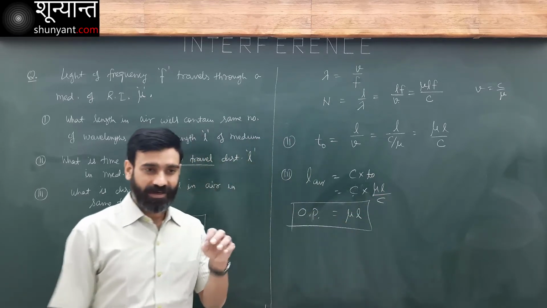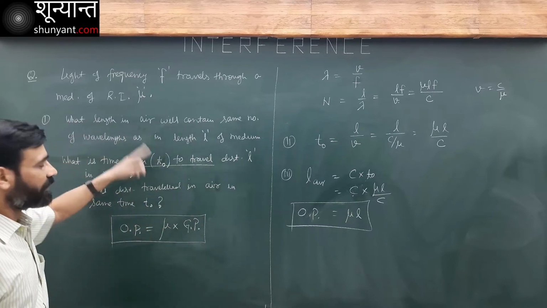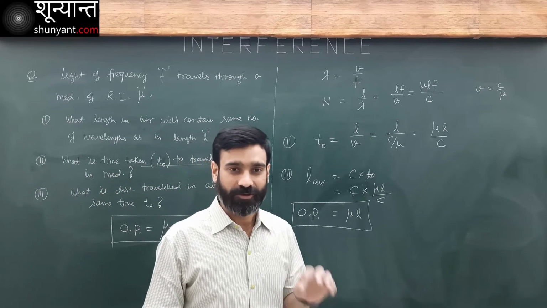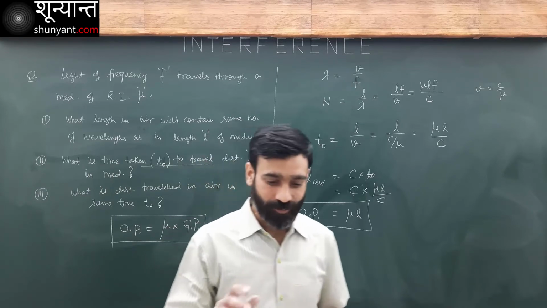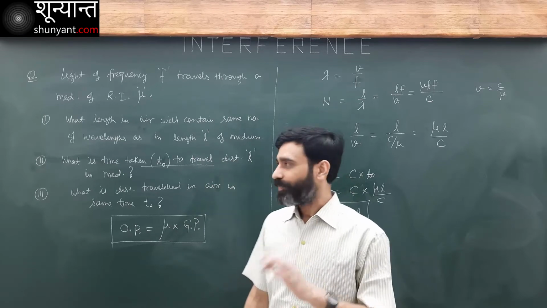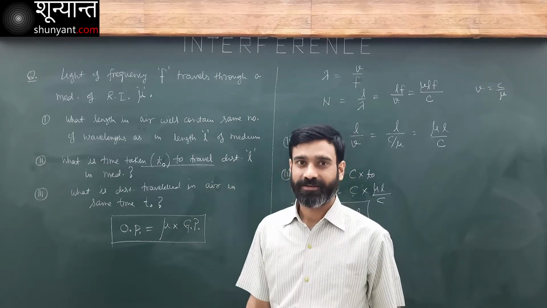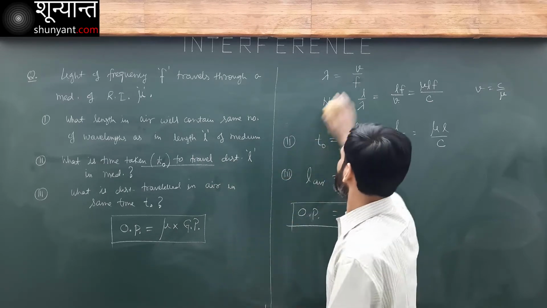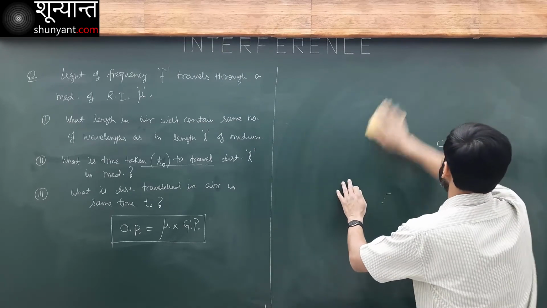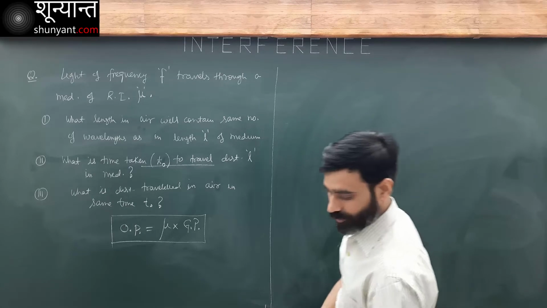So we understand optical path in two different ways, and both are equivalent. Now why are we doing this? What is the purpose behind doing all this? The purpose is very important, very significant. What is the significance of optical path?